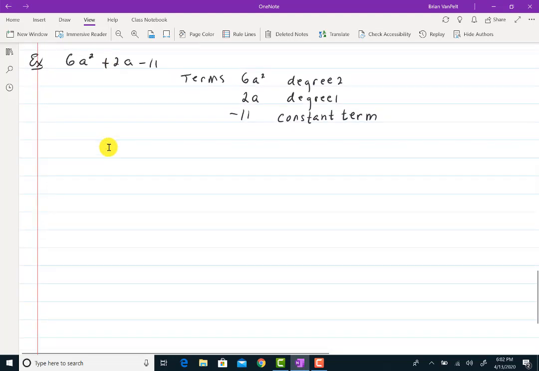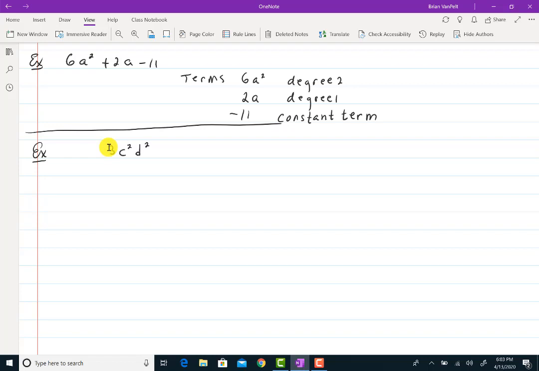And so we've seen polynomials with more than one variable, something like this: 3c squared d squared plus 0.7 c squared d plus cd minus 1. Here are the terms. Let me write those down.